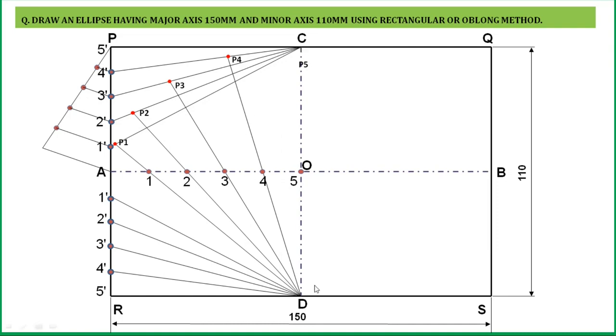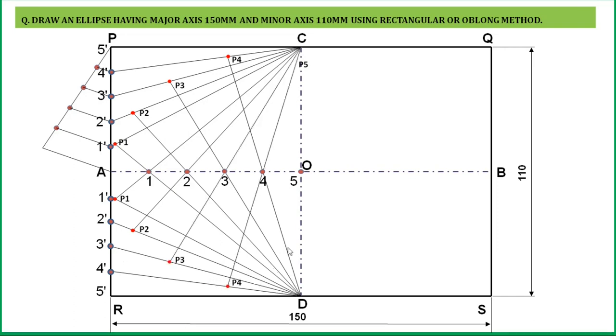Now taking the opposite point of D, that is C, join C with 1 and extend up to 1 dash D to obtain the first point at the bottom of this major axis. Similarly, join C with 2 and extend up to 2 dash D to obtain the second point. Likewise, join C with the corresponding points and extend up to these lines to get the third and fourth points. And D itself is the fifth point over this ellipse.